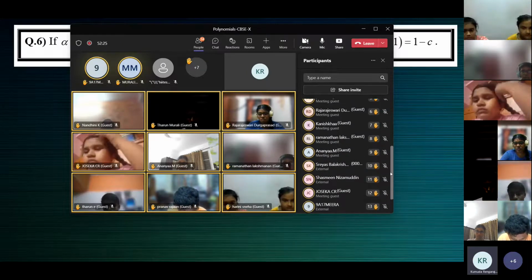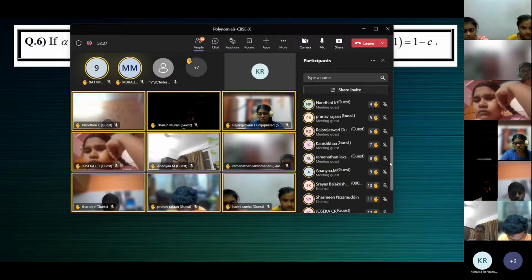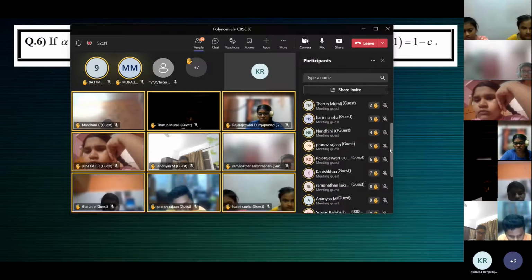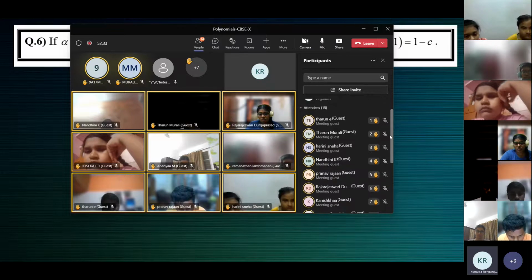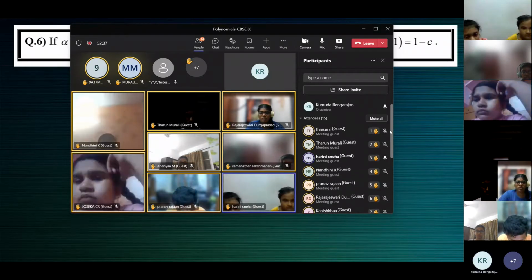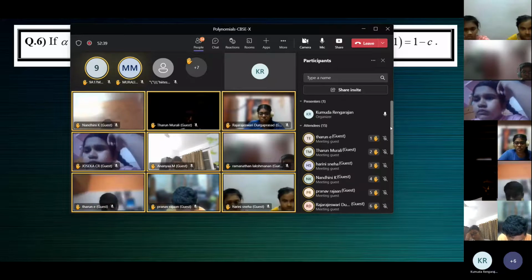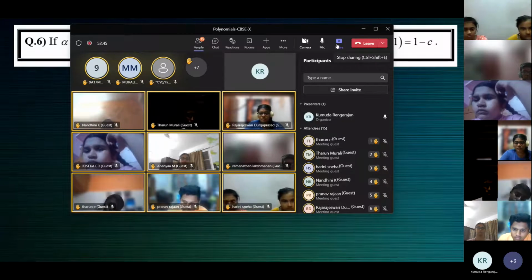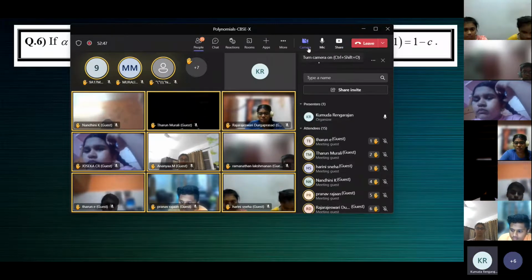Murali Krishna, Meera, Joshika, Sashmin, Shreyas, Ananya, Ramanathan, Kanishka, Rajarajeshwari, Pranav, Nandini, Harini, Sneha, Tarun, and Tarun Murali. All right.